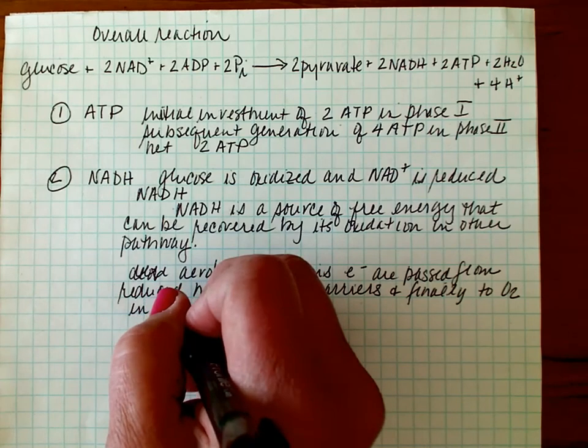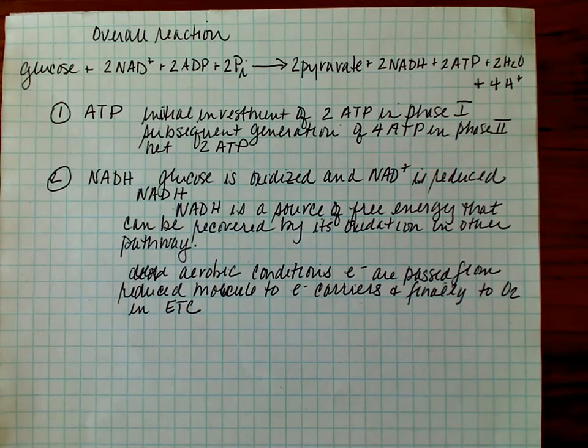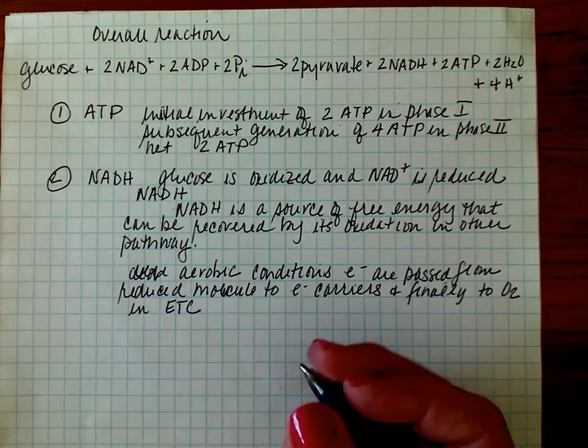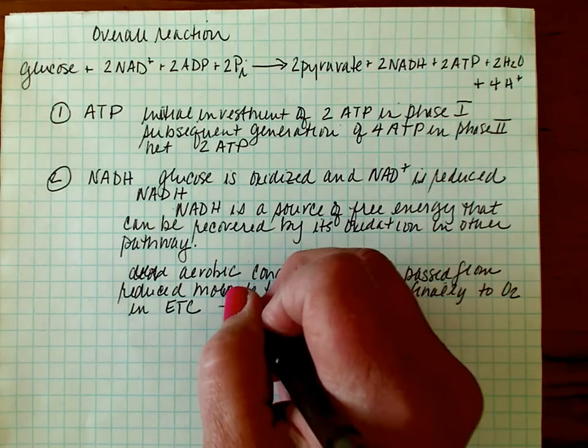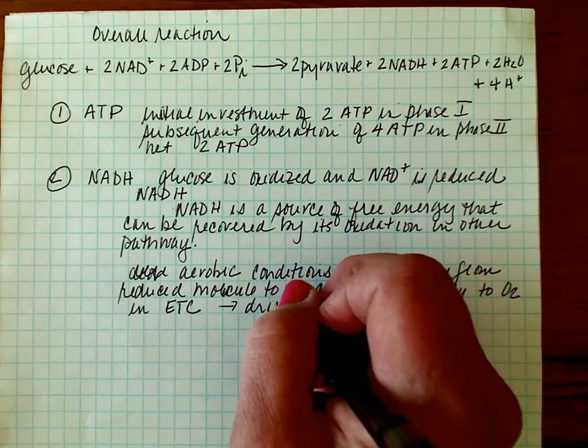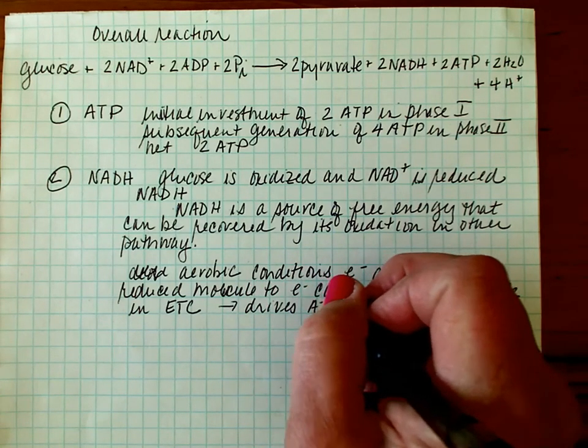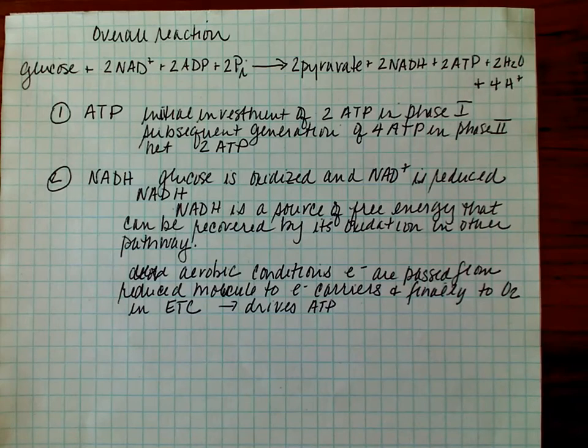And I'm just going to call that ETC, electron transport chain. We'll be talking about that after we discuss the citric acid cycle. And this then drives ATP synthesis. And this is where our largest pool of ATP comes from.